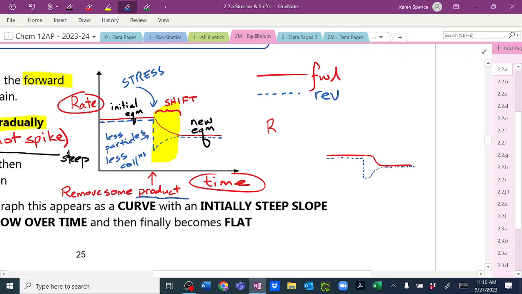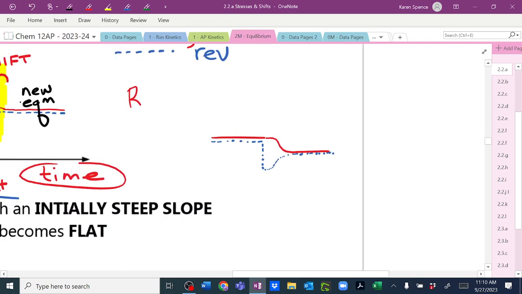What's wrong with what I've drawn there? Tell your partner, what's wrong with what I've drawn there? Okay, let's assume I don't make it flat there.